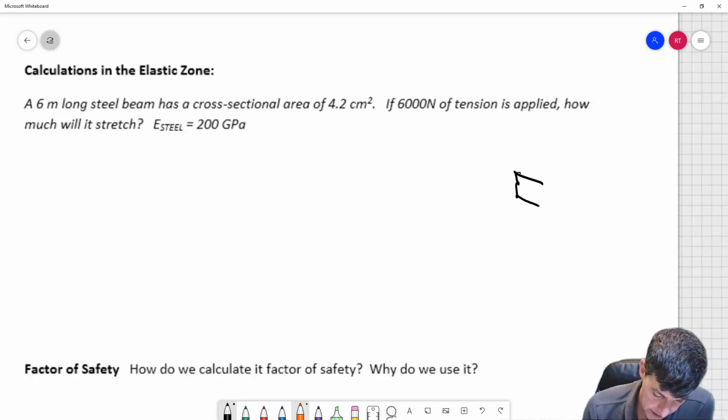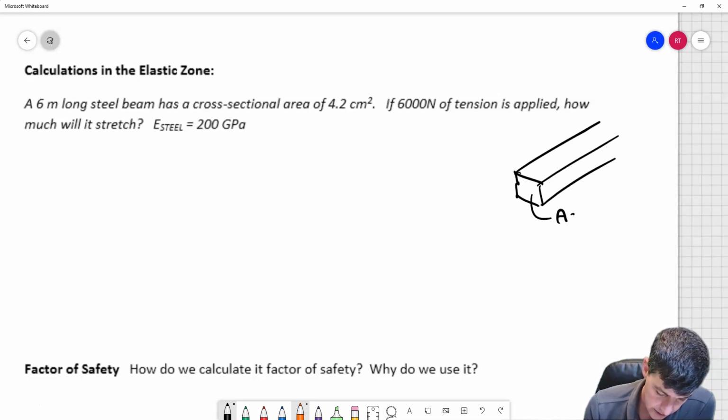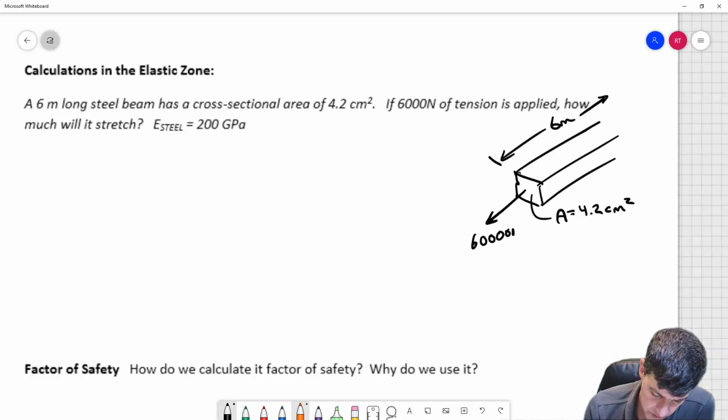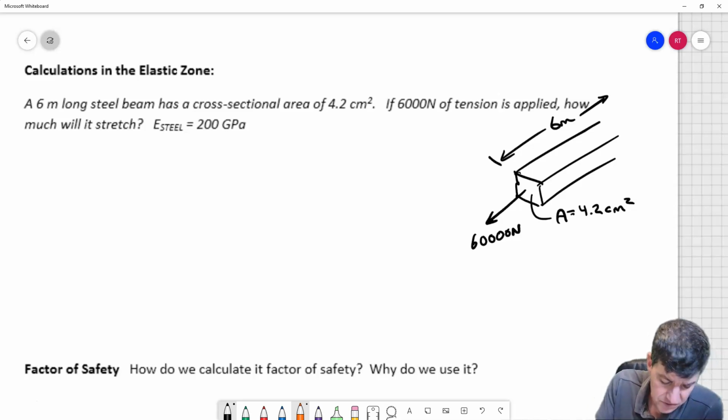I don't know exactly what that beam looks like, but it has a cross-sectional area of 4.2 centimeters squared. The whole thing is 6 meters long. And I'm going to apply a tension of 60,000 newtons. And I'm curious about how much it will stretch. I've given you the E value for steel, so 200 gigapascals.